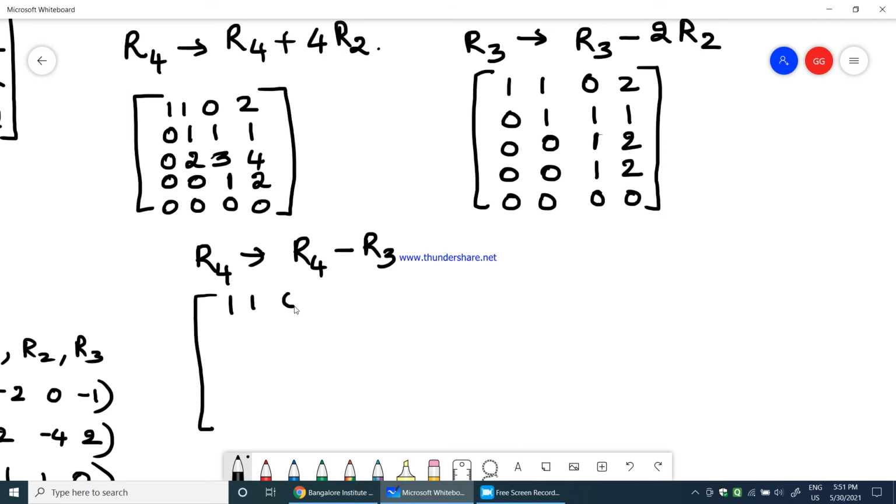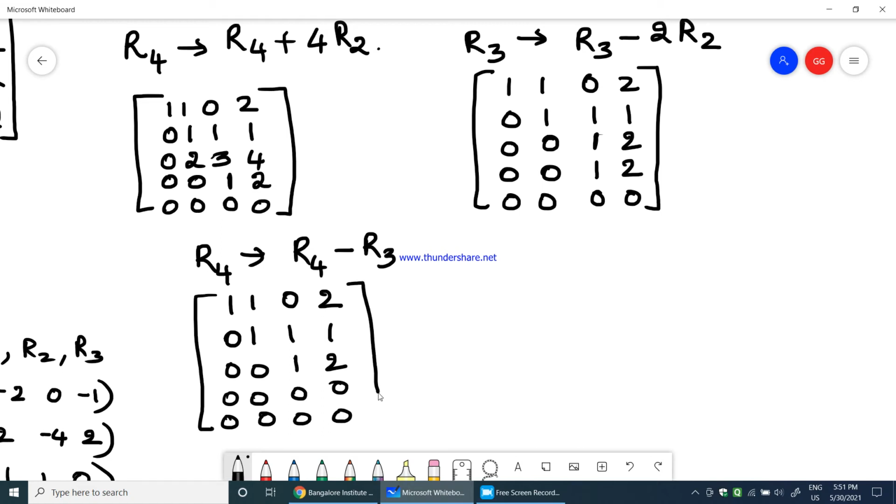I'll just, let me see, 1 1 0 2, 0 1 1 1, 0 0 1 2, 0 0 0 0, 0 0 0 0. Can we do it further? We should check. I don't think so. I think this would be the final reduction that we can do using the Gauss-Jordan elimination method. So I hope this would be the last step.